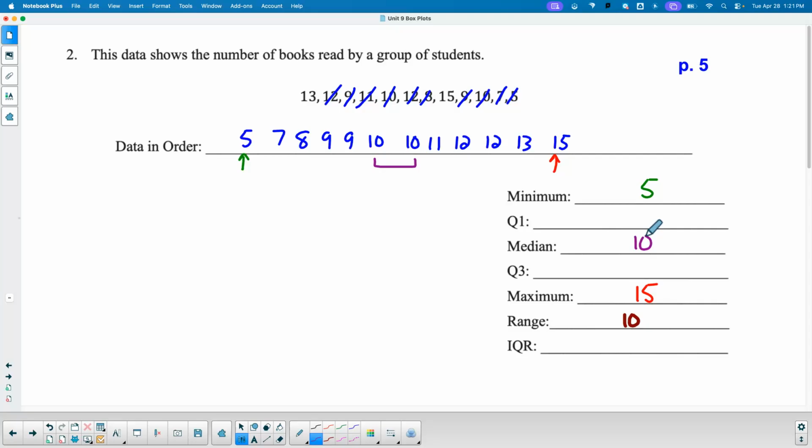Q1, now I've got to take the median of that half of the data. So now when there's an even number, I include those middle ones. Because it wasn't odd and we didn't have one specific median, I've got the median there. So that means that's also even, so I'm going to take the average there, which is going to be 8.5 for my Q1.